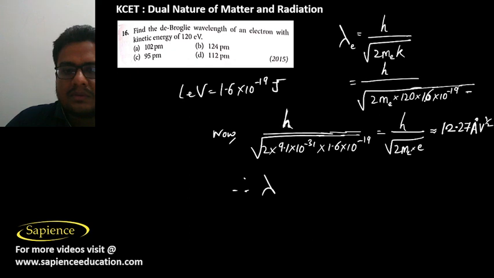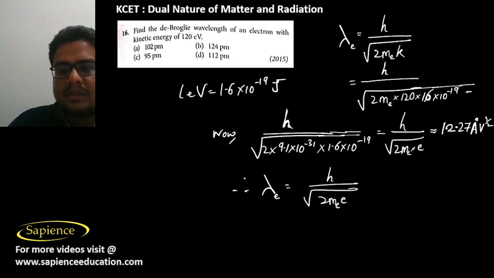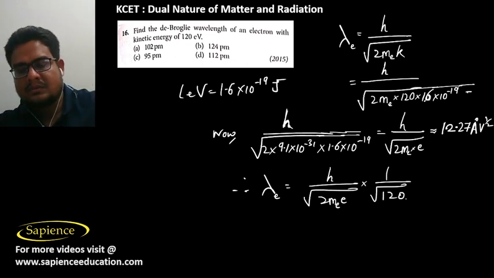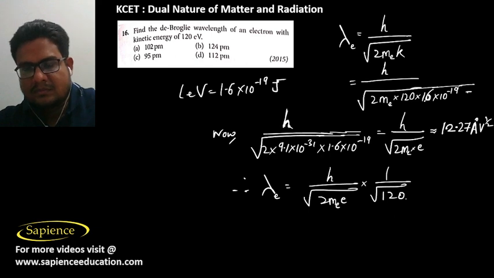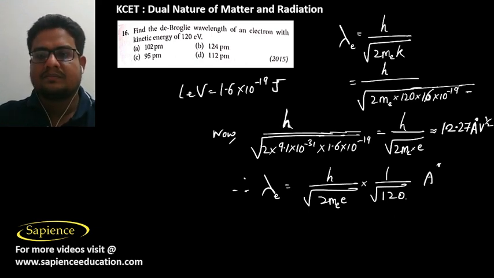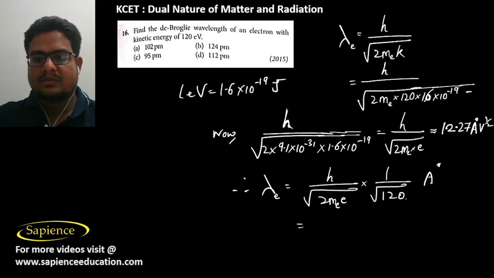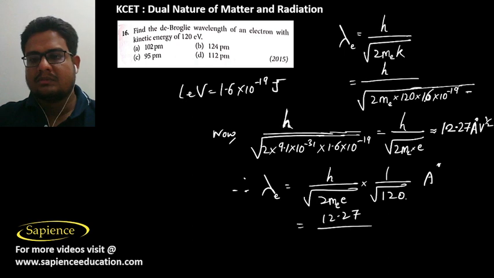So the wavelength of the electron will be given as h by root over 2me into e, into 1 by root over 120. This will be equal to 12.27 by root over 120 angstrom, that is into 10^-10 meter.